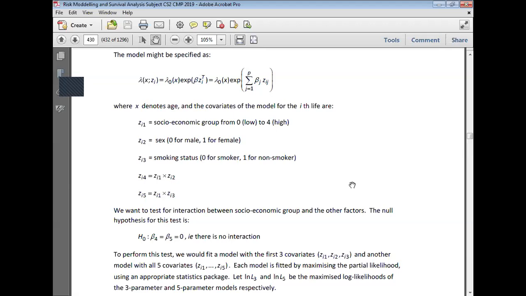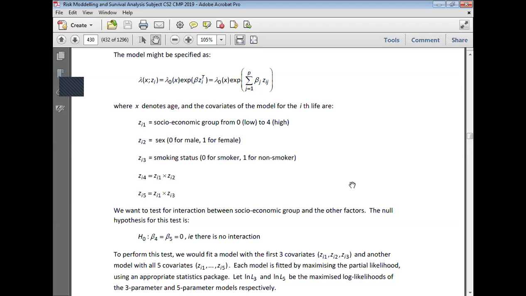So for Z4, we have an interaction between the socioeconomic group and the gender. And for Z5, we have an interaction between the socioeconomic group and the smoking status. We sometimes feel that the force of mortality will be different for people who come from a particular socioeconomic background and smoke. So we think there might be some additional impact that this particular interaction might have.